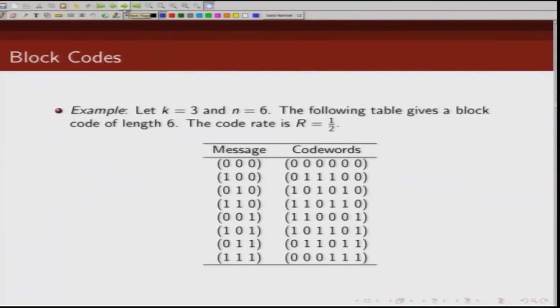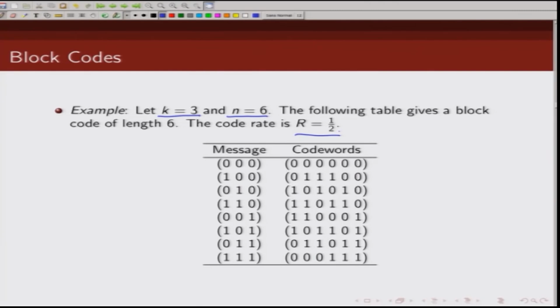Let us consider an example of a linear block code. In this example the number of information bits is 3, and the number of coded bits is 6. So, the code rate, which is the ratio of the number of information bits to the number of coded bits, is 3 by 6, which is half.